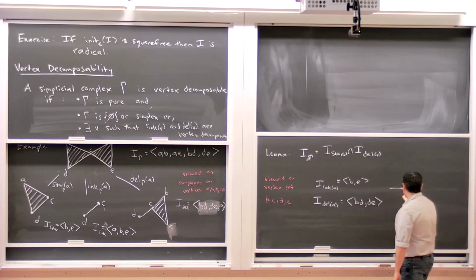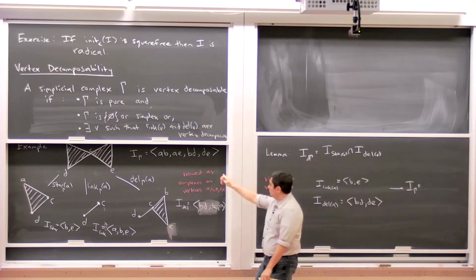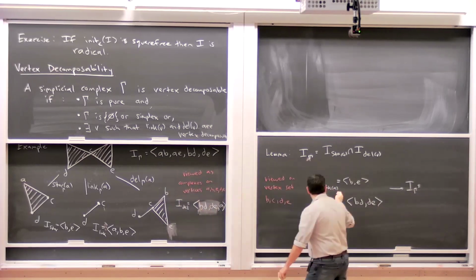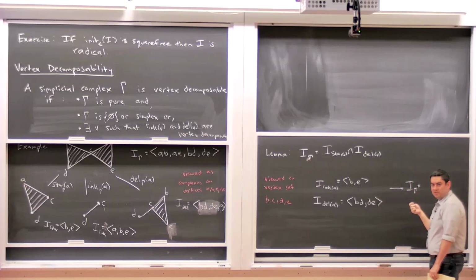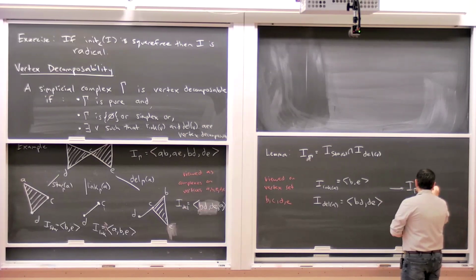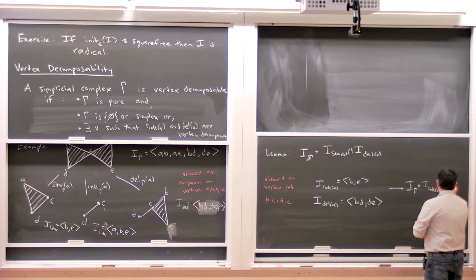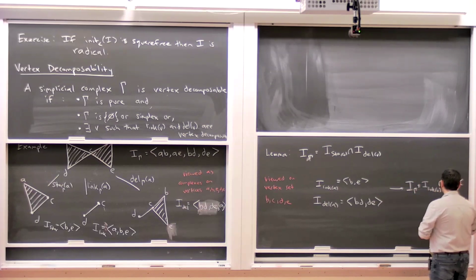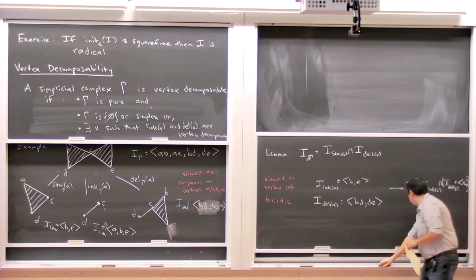And now the intersection over here is going to change slightly, right? Because this one involves the variable A, and these other two don't. So you have to sort of throw it into one of the ideals that you're intersecting. So it's going to be the link intersect the deletion, but you're going to add in the variable. So if I'm doing this generally, so just XV, I guess. Sorry, that's a bit messy.